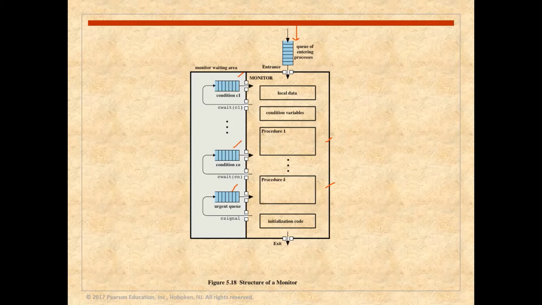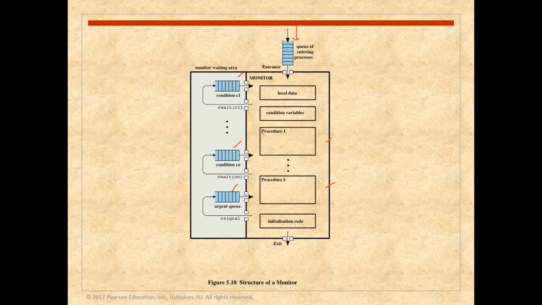So this is to reduce semaphores scattered in the whole big source code. It is a kind of modular design where we put all the critical section procedures in one place.